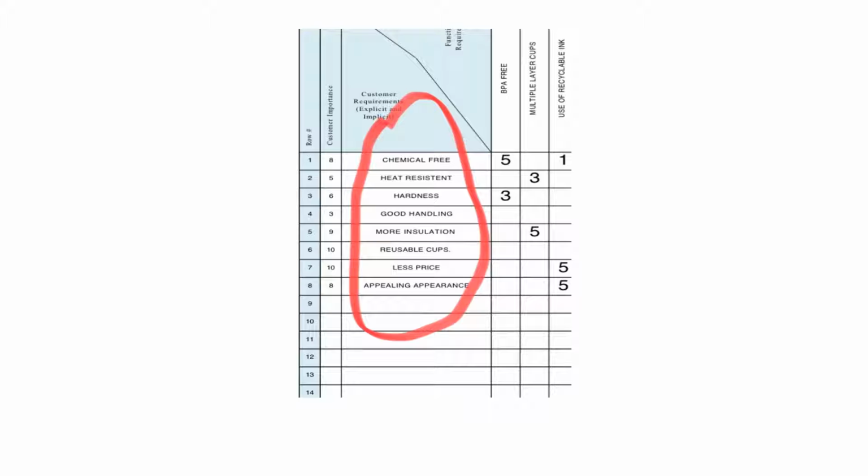Along with that, good handling is another issue. But there is not much importance given to good handling, because nowadays there are sleeves or rubber grips to hold the coffee.